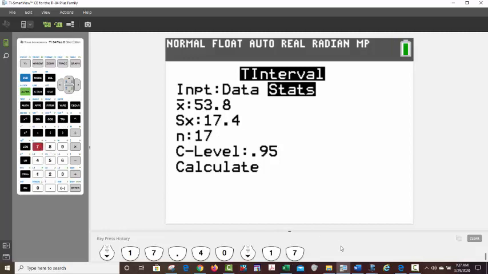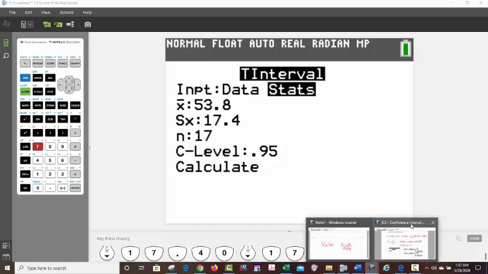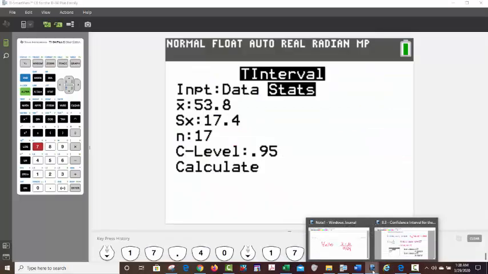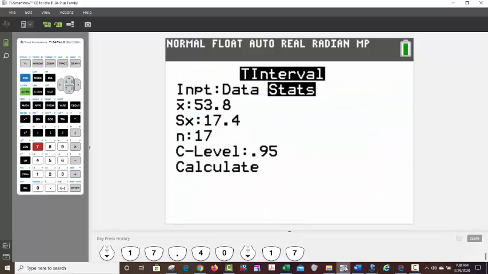Before I hit calculate, let me check. 5380, 1840, and 17, and then it was 80%. Standard deviation was 1840.